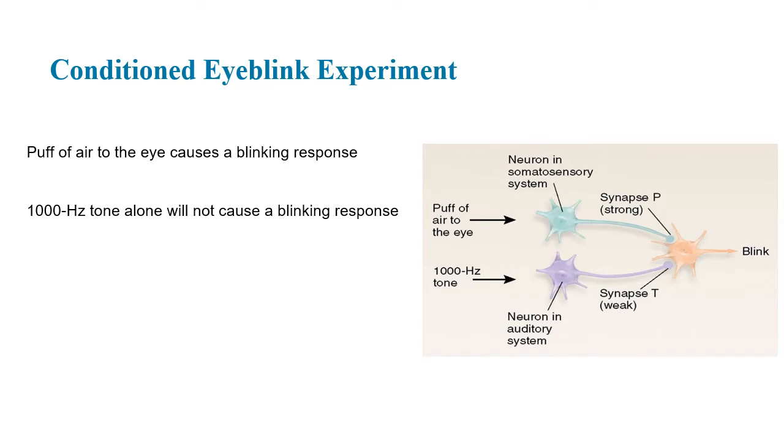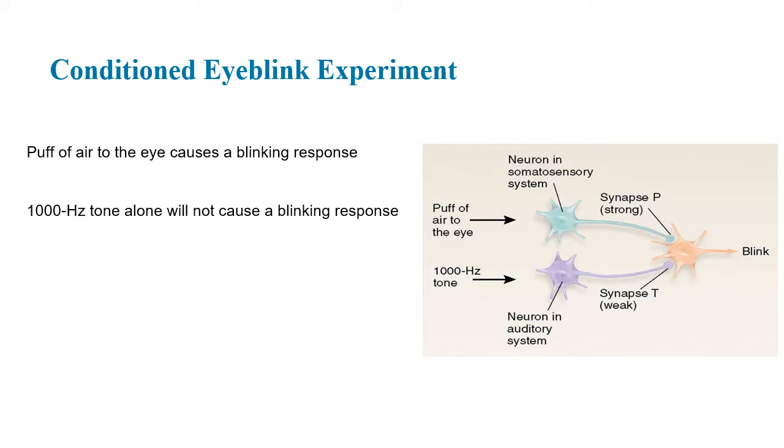As I said, I'm going to use an eyeblink experiment here as an example. In this experiment, you get a puff of air in the eye that causes a blink. The puff of air is the unconditioned stimulus, and the blink is the unconditioned response. However, start pairing that puff of air with a tone.